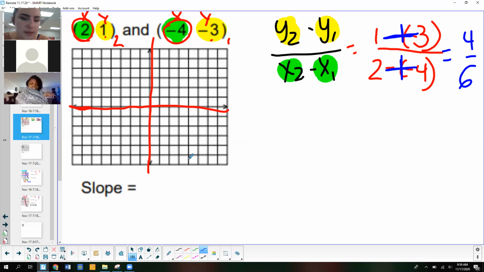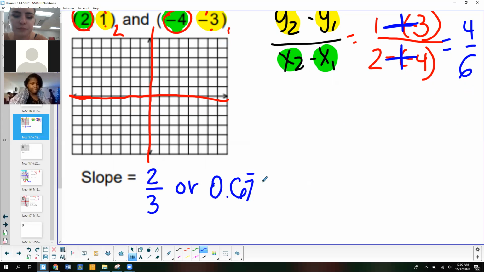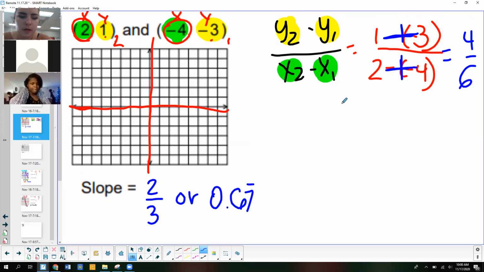So 4 divided by 6 is 0.67 basically, or 2/3. So slope is either 2/3 simplified, or if we do 4 divided by 6, we get 0.67. All right, so that's going to be our slope.